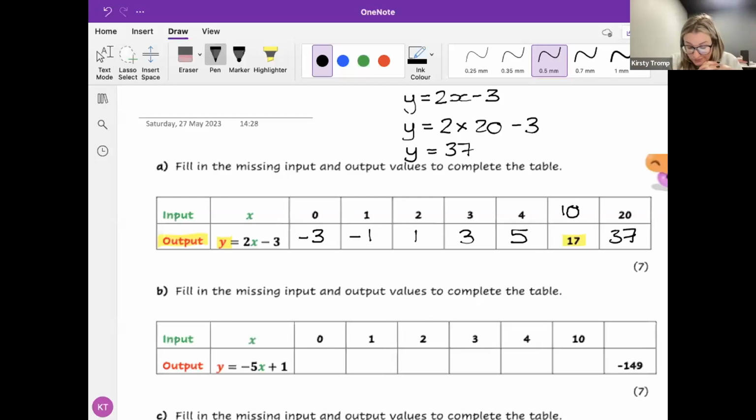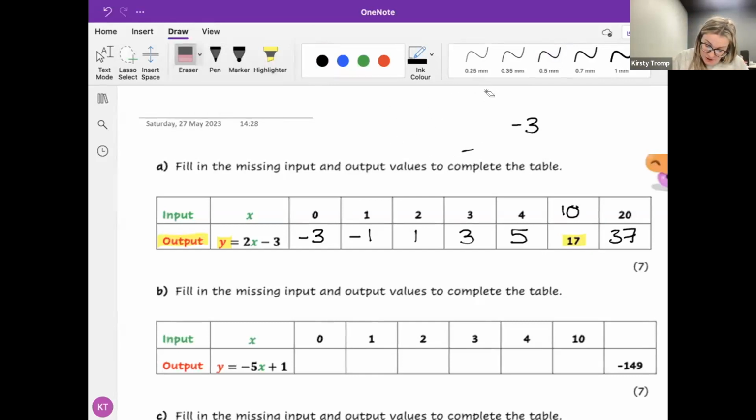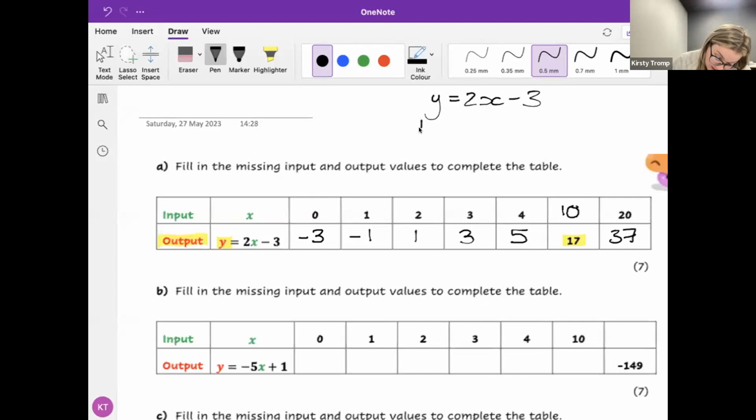So for this one, I said to myself, my equation was y is equal to 2x minus 3. In order to get that, I needed to have 17 equal to 2x minus 3. So I definitely knew that x wasn't equal to 4.